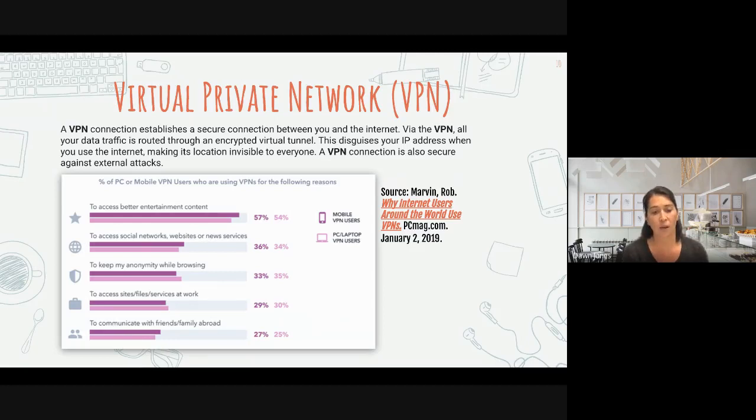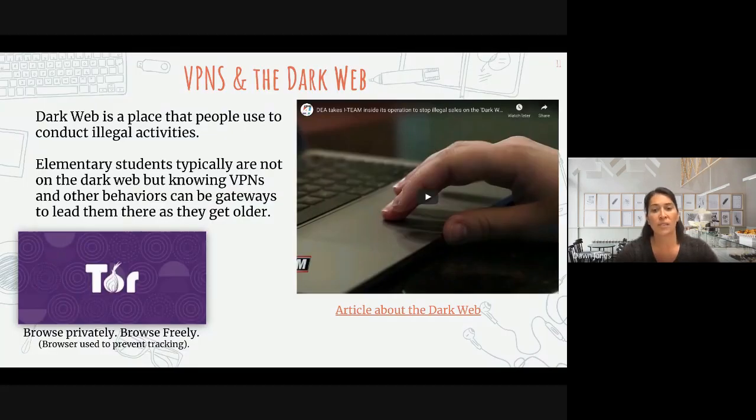My husband works for an agency that does a lot with dark web and the selling of drugs on the dark web. And so he shared with me this DEA Take Down Operation, and I'll let you view that on your own. And it's just about the things that happen on the dark web, illegal sales. And the only way to get to the dark web is through a VPN.